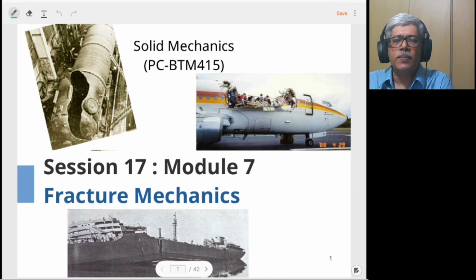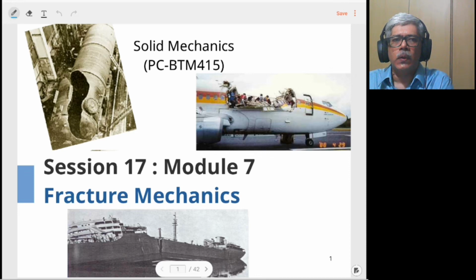We began with various practical cases which illustrated the importance of fracture mechanics. So many disasters have their origins in the propagation of cracks, especially very rapid and catastrophic failures can happen and are happening because of the presence of cracks.